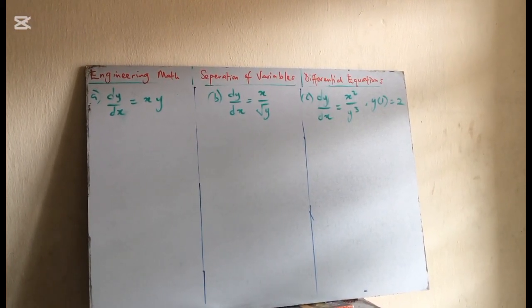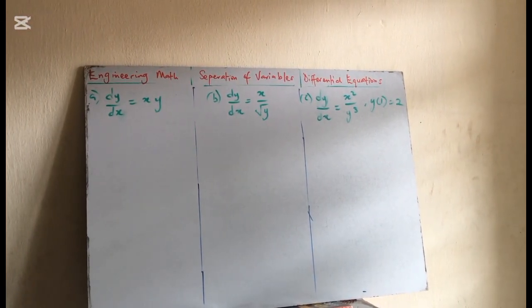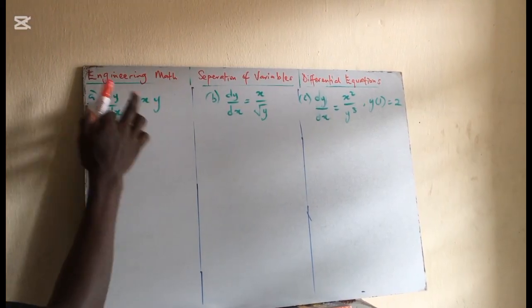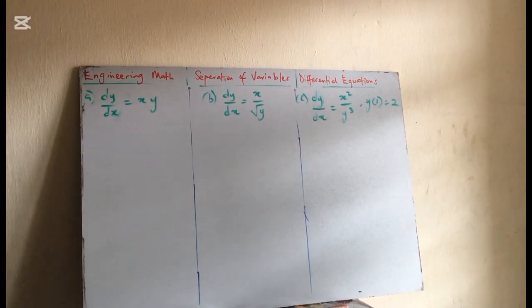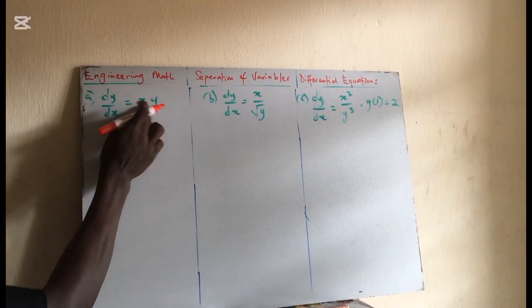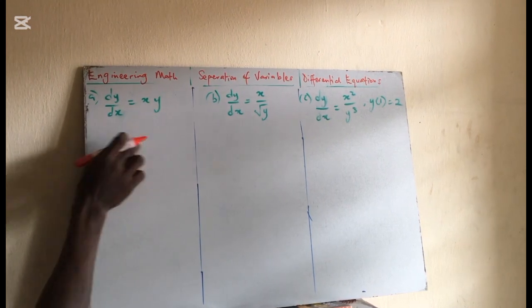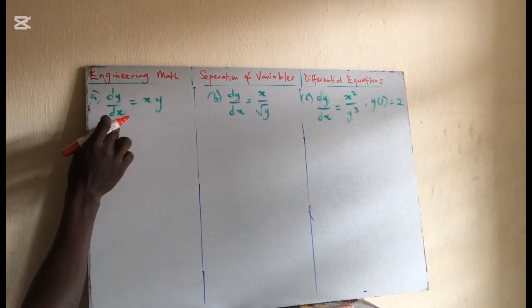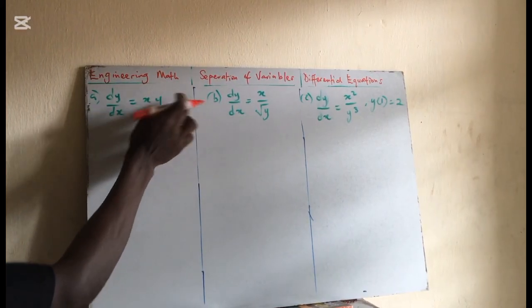Now briefly, we're going to be looking at this one: dy/dx equals xy. This is just a basic one. Let y come to this side and let everything that has x come to this side. If this y comes here, it will be divided, so you have dy over y, and if this dx comes here, it will be x dx.